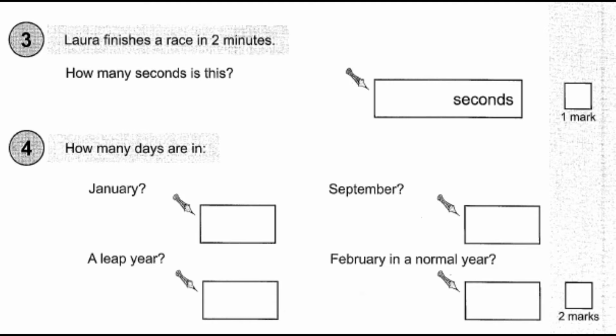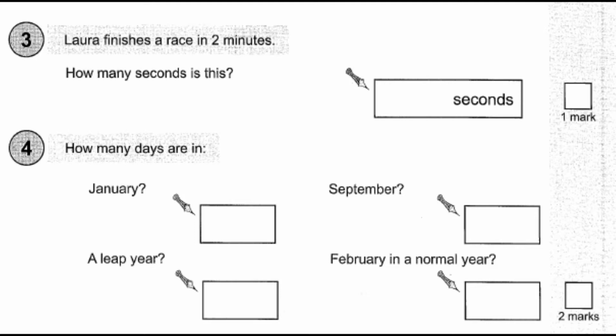So asking about how many seconds in a certain number of minutes, and also how many days in each month. So we will go through and do some clock practice, and also I'll teach you the rhyme for learning the days of the month at the end.